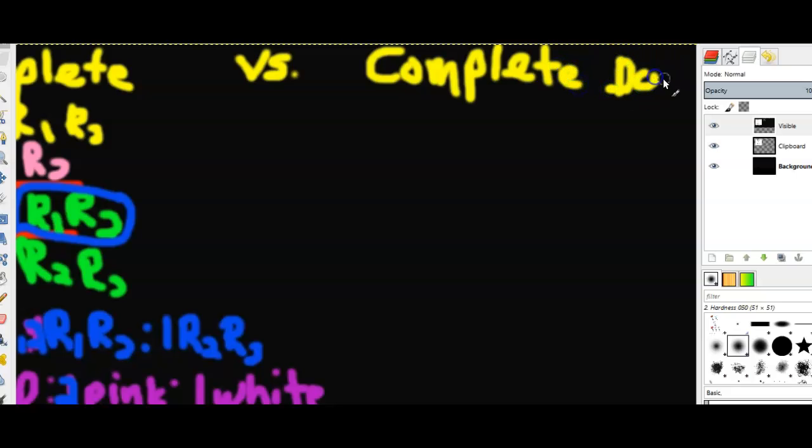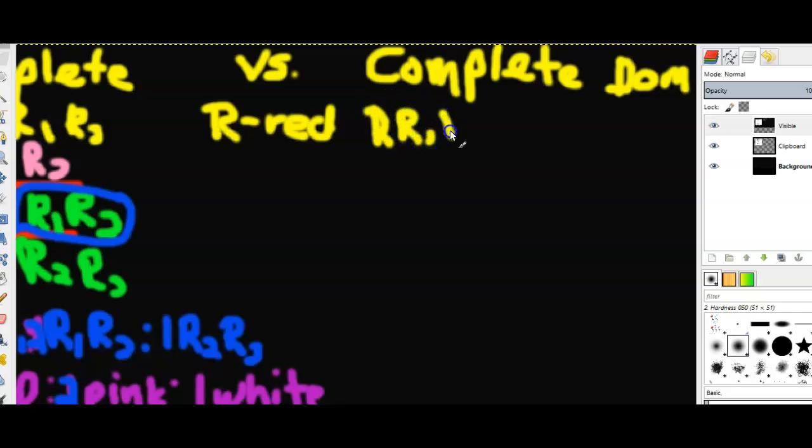I'll just put DON. So in this case, we're going to have only two phenotypes. This is going to be red. And there's two ways to get the dominant phenotype: homozygous dominant and heterozygous.